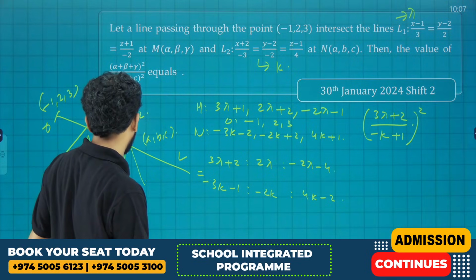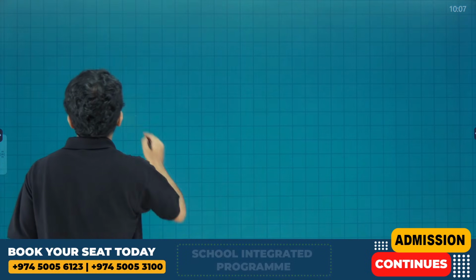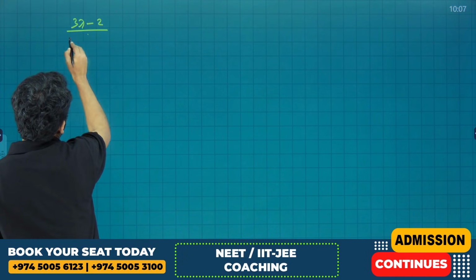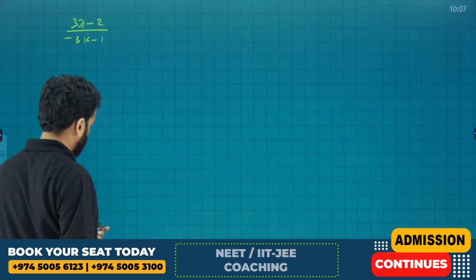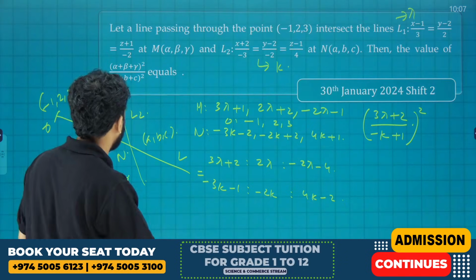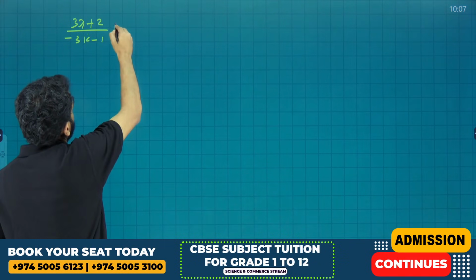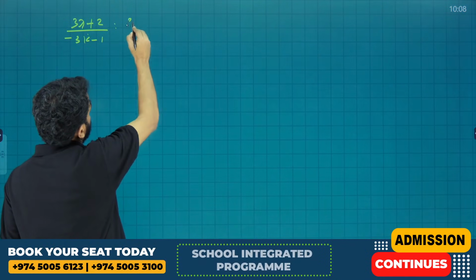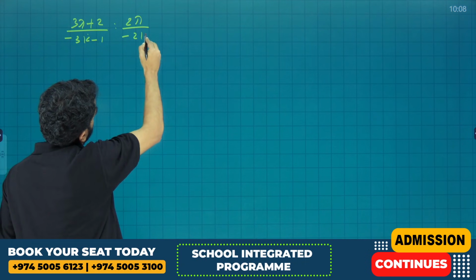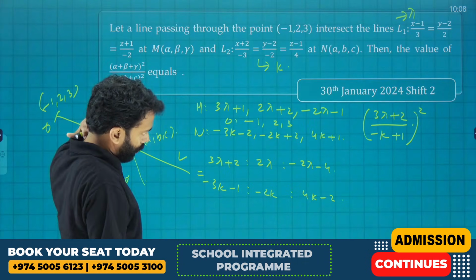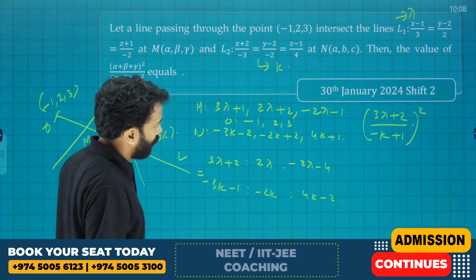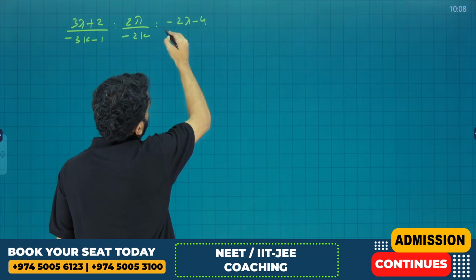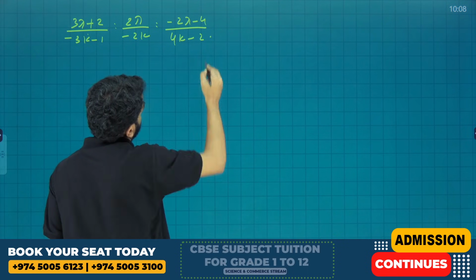That is 3 lambda plus 2 by minus 3k minus 1, which is equal to 2 lambda by minus 2k, which is equal to minus 2 lambda minus 4 divided by 4k plus 2.